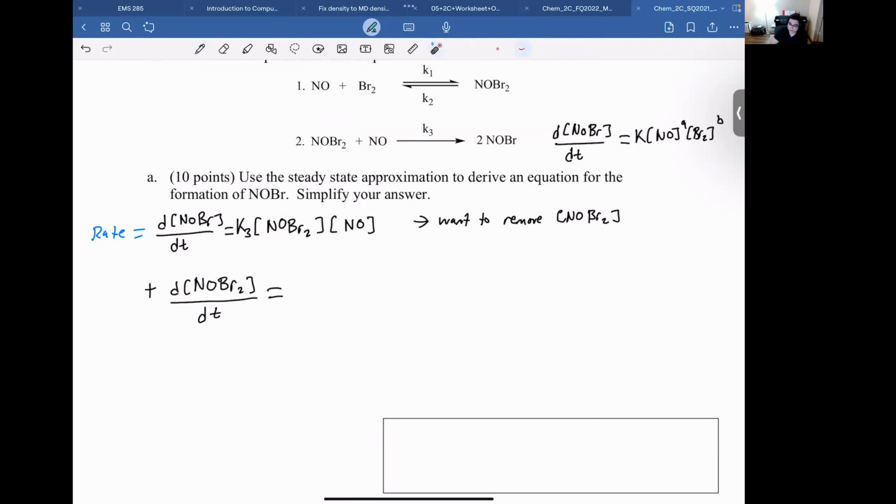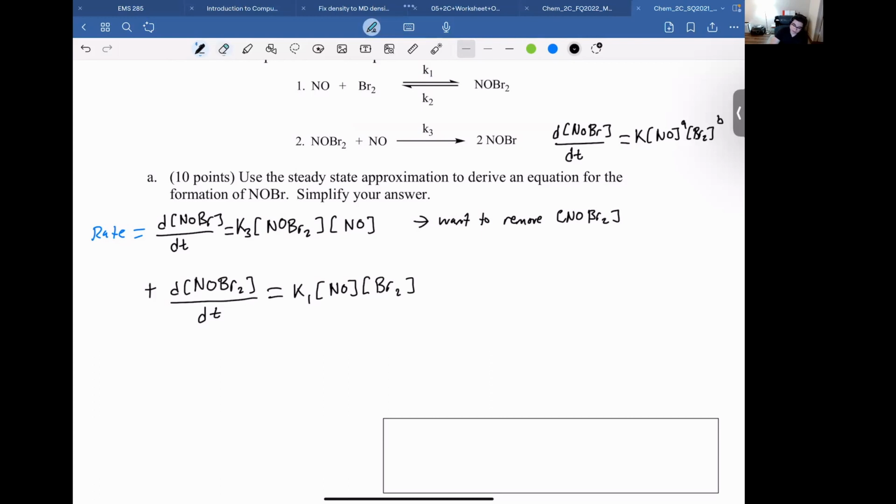This is equal to the first rate law. It's K1, the rate constant for the forwards reaction, times the concentration of NO to the first power, times the concentration of Br2. That's how quickly this is forming.